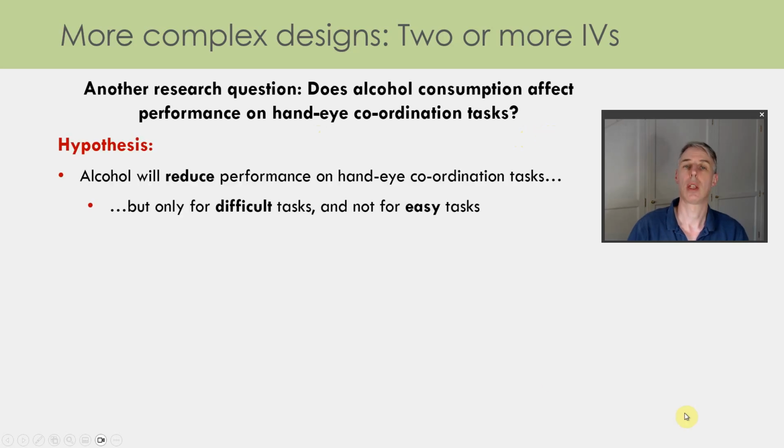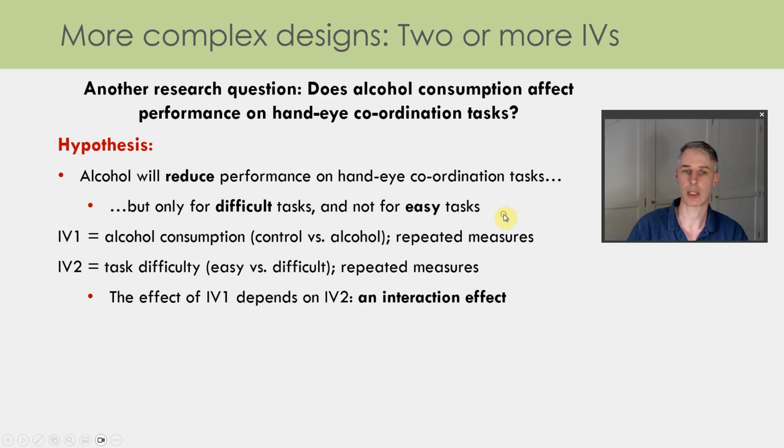They have a quite straightforward hypothesis: consuming alcohol will reduce performance on hand-eye coordination tasks, but only for difficult tasks and not for easy tasks. The idea being that alcohol consumption maybe relaxes the body, so it doesn't inhibit the performance of easy tasks, but for difficult hand-eye coordination tasks, consuming alcohol compared to being sober will have more of a detrimental effect.